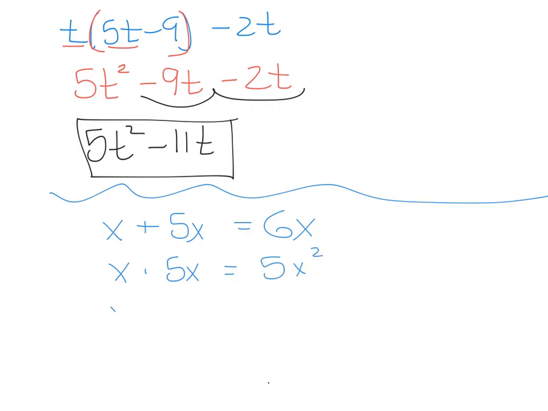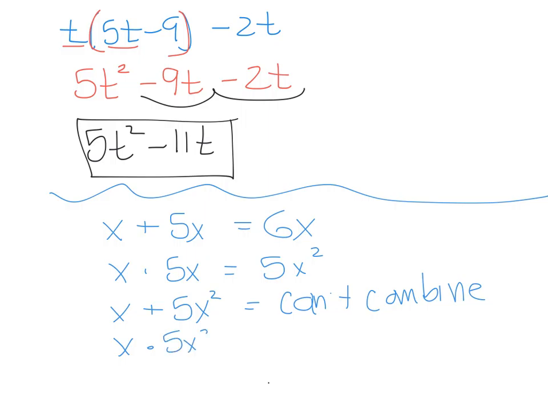And if you had x plus 5x squared, then you can't combine those because they're not like terms. So x and x squared are not like terms. But if you have x times 5x squared, you can combine them because you can combine when you're multiplying. So that's going to be 5x to the third power.